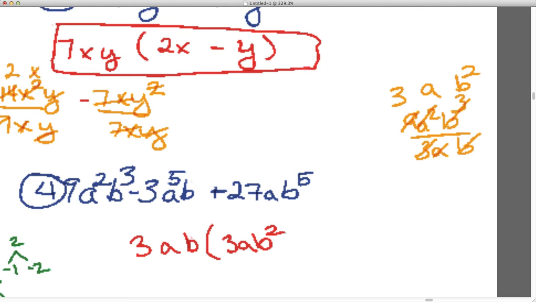3ab squared. And then for the next one, we have a minus 3a to the 5th b. So for 3ab, the 3 and the b cancel, and one of the a's cancels, leaving me a minus a to the 4th.